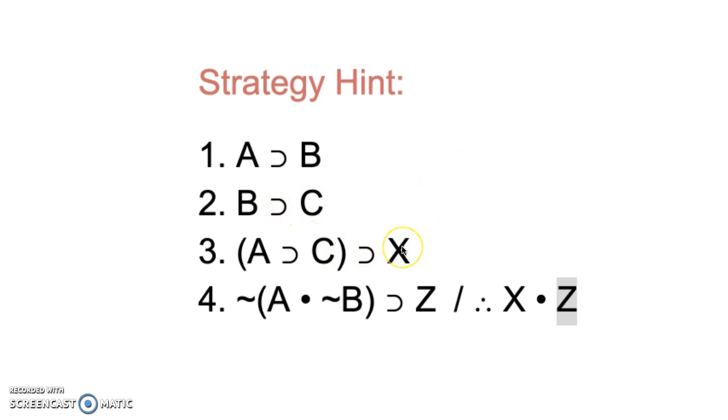So if we want x, we would assume not x and show that that leads to a contradiction. If we had not x as our assumption, we could use modus tollens, which would get us the negation of this. But then we'd kind of be stuck with this negation of a conditional.